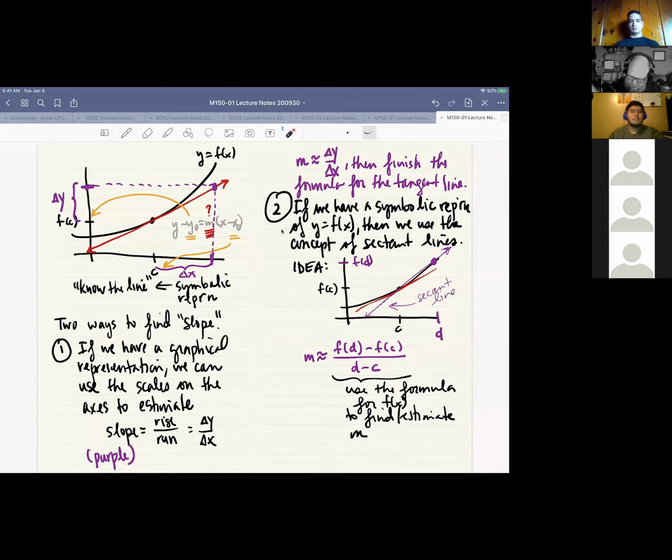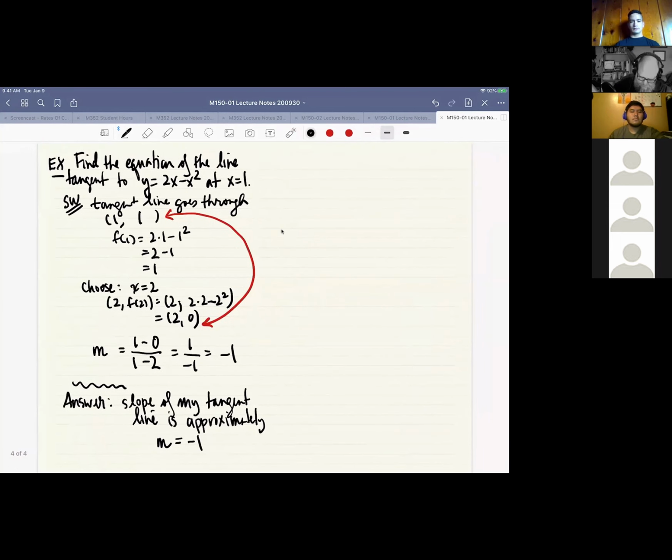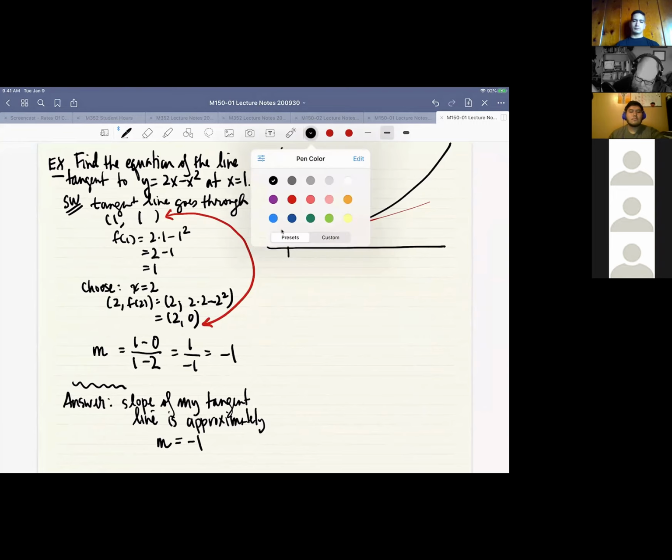So let me draw this picture a little bit bigger, just to make a point. If I have a tangent line like that, and if, let's use purple, I use this point to approximate the slope of my tangent line, this is a secant line.